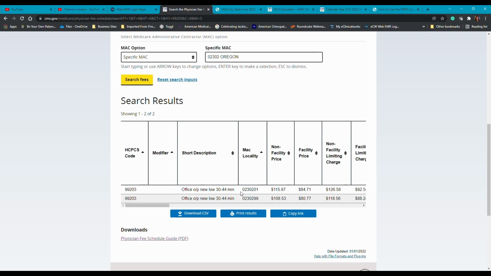So the calculation also takes into consideration the GPCI, and that's the Geographical Price Cost Index. So depending on where you are in the country and how expensive things are or not expensive, there is a conversion factor or a consideration in that calculation that takes that into consideration.